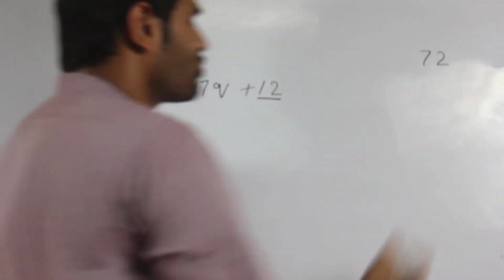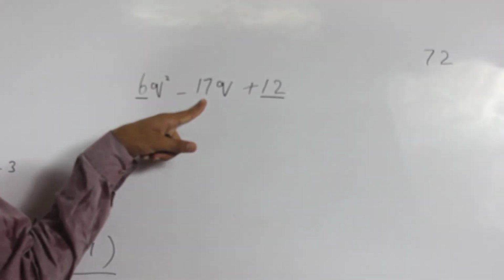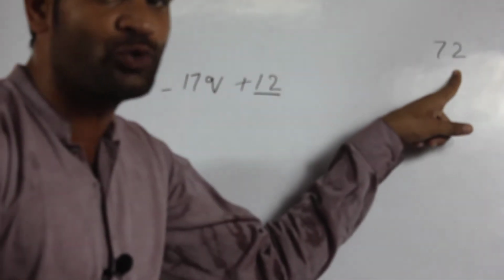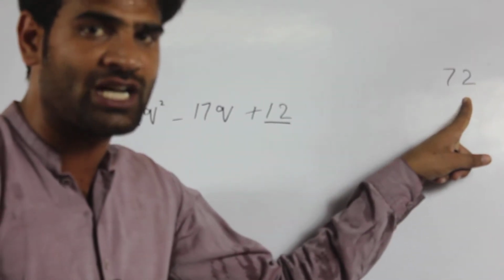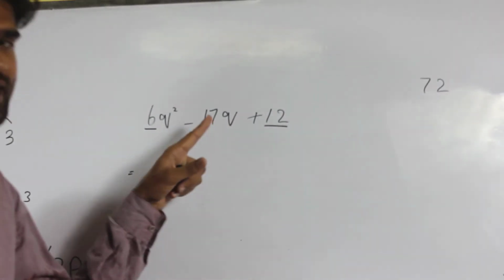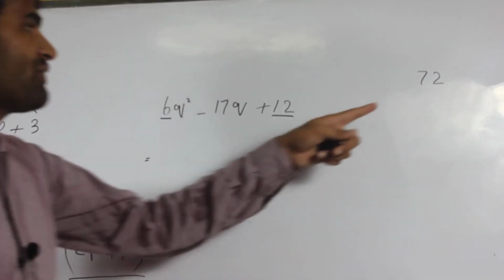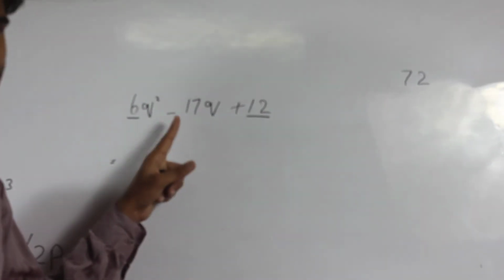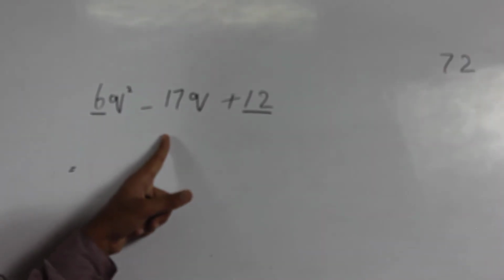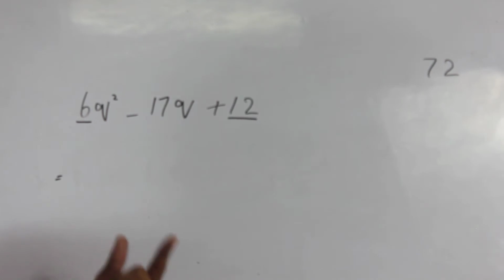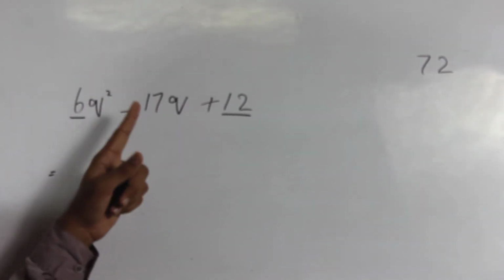So I split the middle term into two numbers whose product is 72, and when I perform addition or subtraction, I get minus 17. So first I find the factors of 72 according to minus 17.